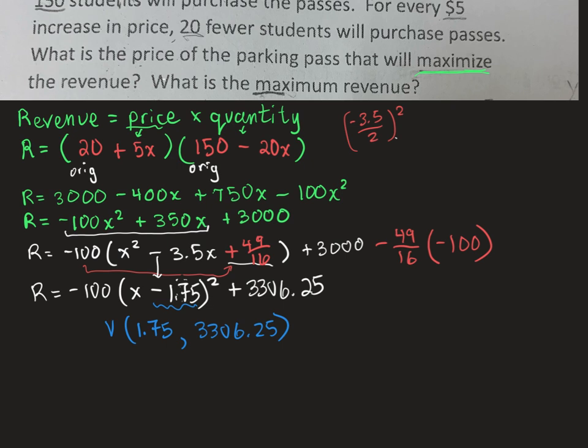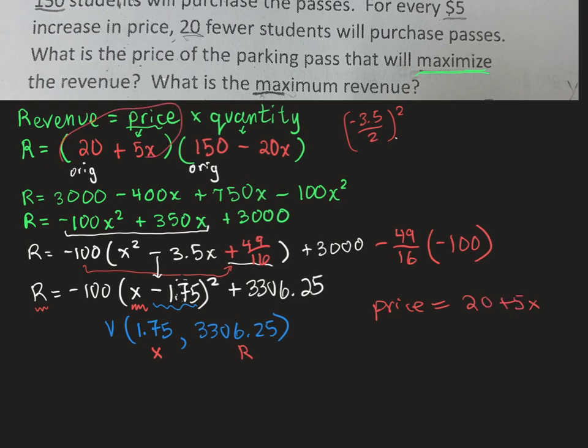Now, you want to write the letters that correspond with those. So x is one of the letters in the equation. That would go with the 1.75. And the only other letter is R, so that means your 3306.25 is R. So, to answer the question now, what is the price? Now remember up above there, price was our expression 20 plus 5x.